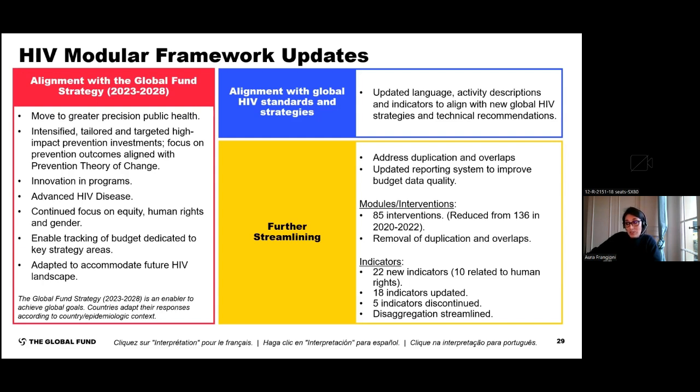We addressed duplications, and overall we were able to reduce the number of interventions from 136 in NFM3 to 85 in the next cycle. Next slide.